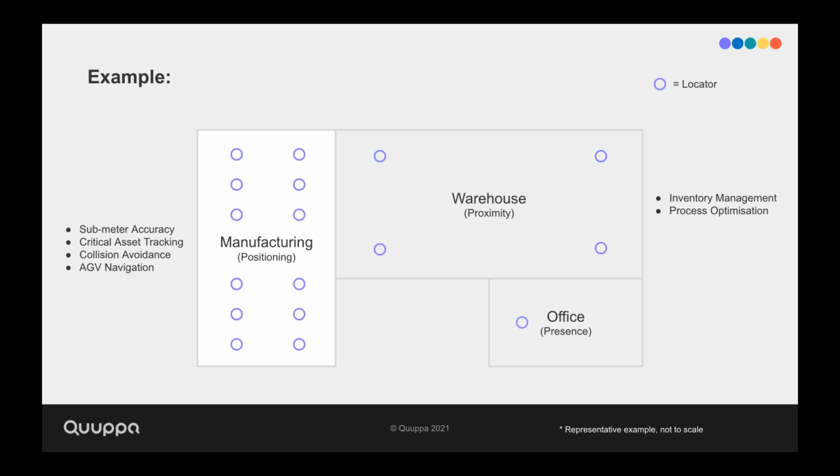And still using the same system, they have presence detection within their office area, so they can determine which of their employees are in the facility. This can help others know if certain employees are present that day or at work. And also, in case of an emergency or a facility evacuation, they have the ability to check if there are employees still in the building. So this is just a representative example of these different location types within that same scenario.